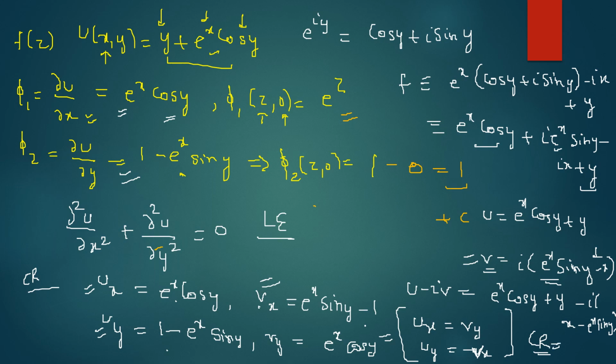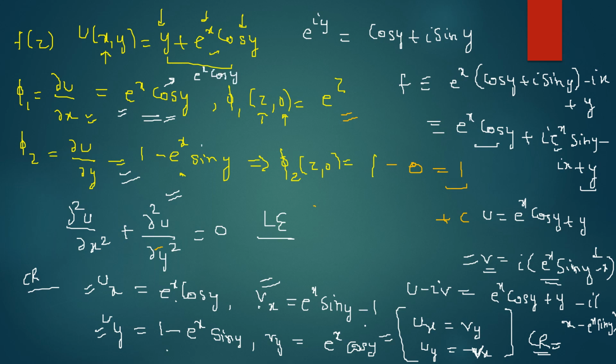Now about the Laplace equation, this has to be satisfied, and you will find that it is giving you 0. How? Let's see. Double differentiation of this with respect to x is e raised to power x cos y. Yes or no?